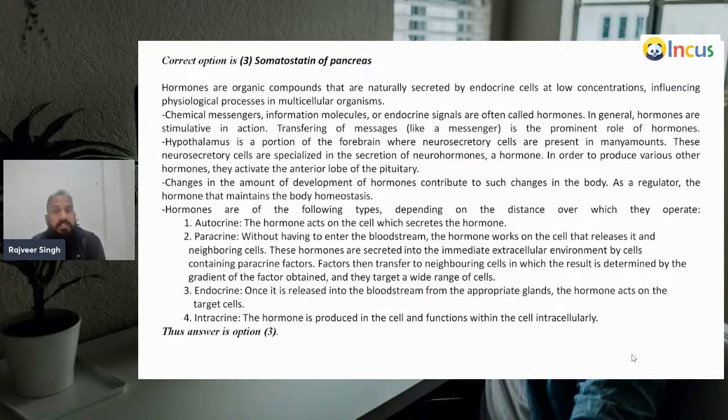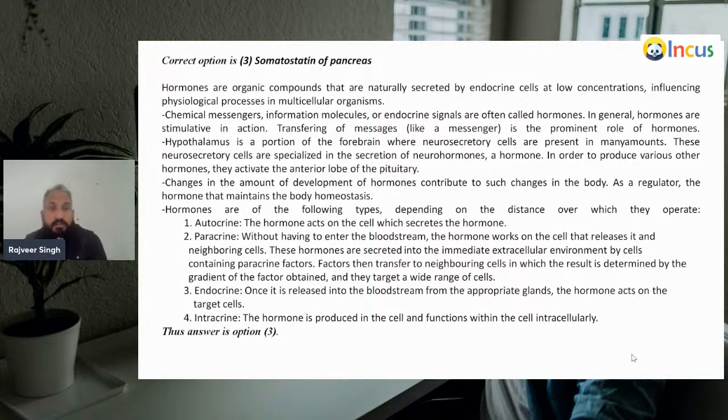These hormones are secreted into the immediate extracellular environment by cells containing the paracrine factor, then transferred to neighboring cells, in which the result is determined by the gradient of the factor obtained and the range of the target cells.